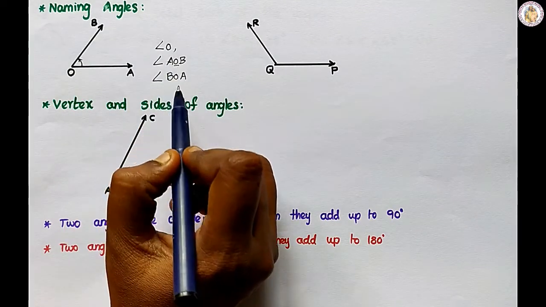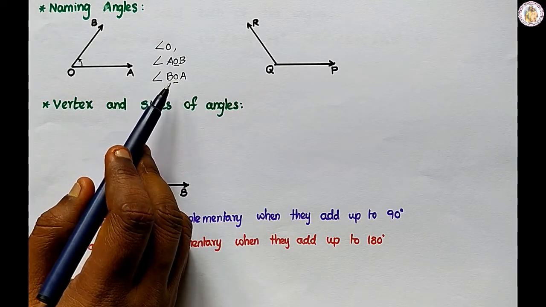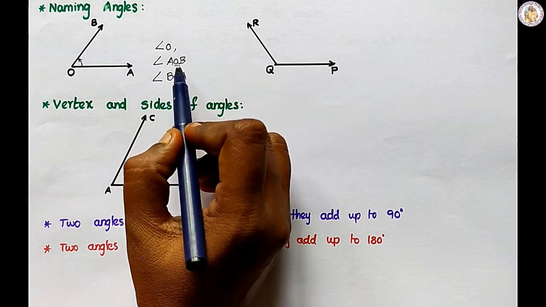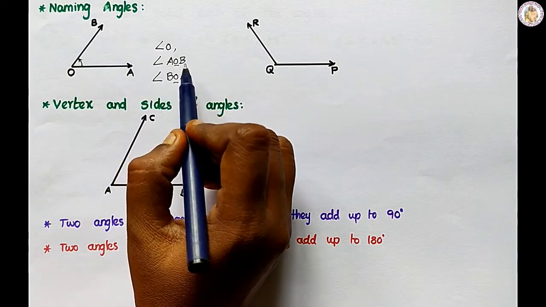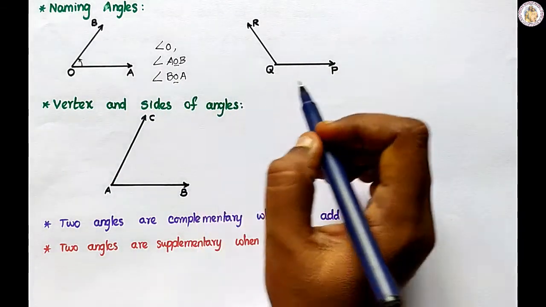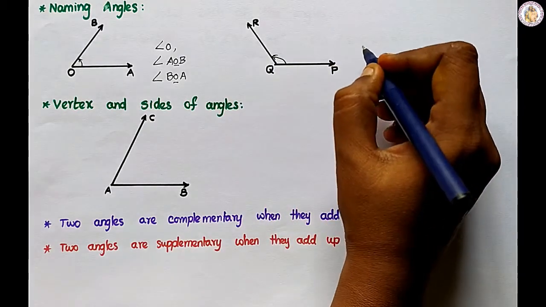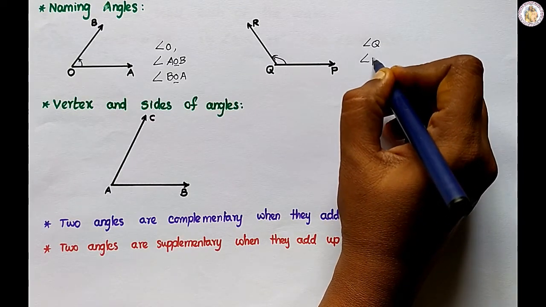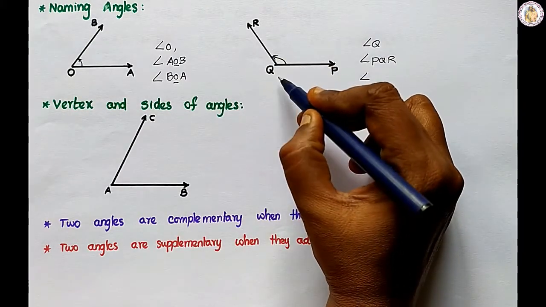Here the center O is the starting point of the two rays. You should write the center at O and change the other letters, any name, AOB or BOA. That is the angle name. Listen here, how will you write that? Angle Q, or angle PQR, or angle RQP.